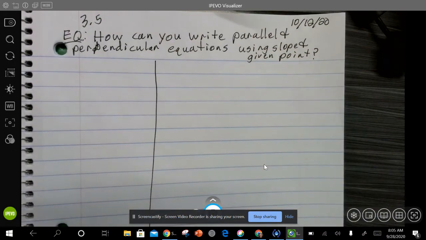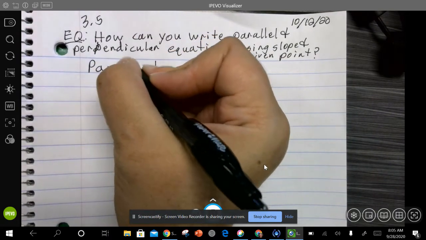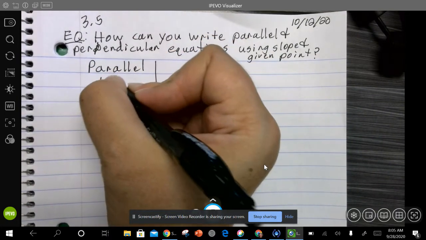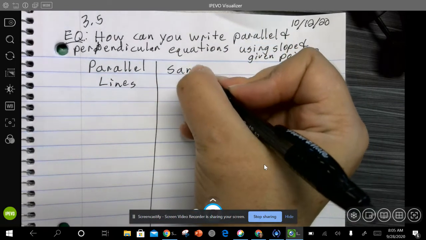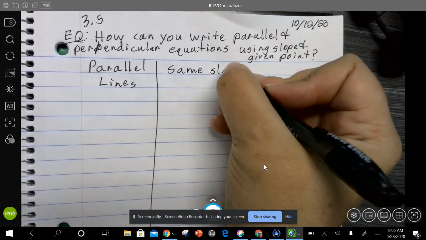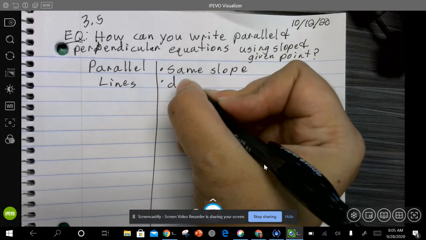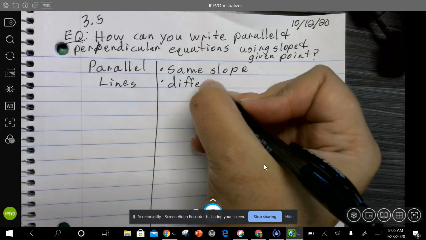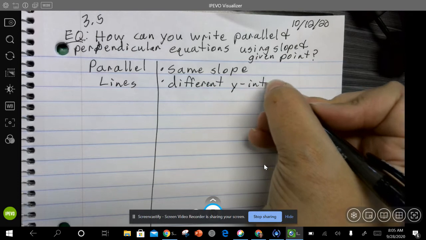Okay, so if they're parallel, parallel lines have the same slope. They have different y-intercepts.